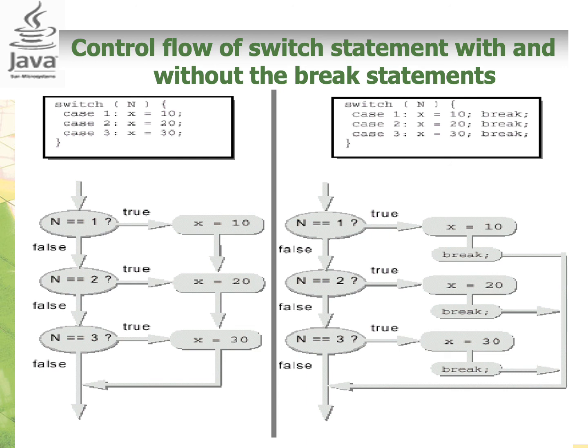It checks the second case, 2 is equal to 2, that is true, so it executes the statement x = 20. Then it continues with the statement after it, which is x = 30. On the right side, when we have break, after it finds the match of value in the case, it exits the switch.